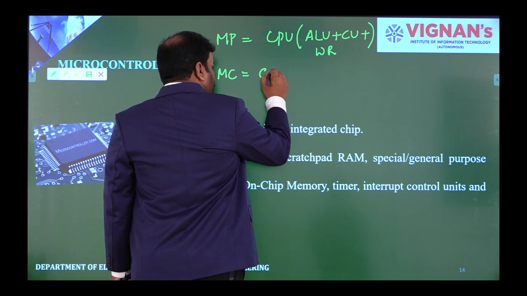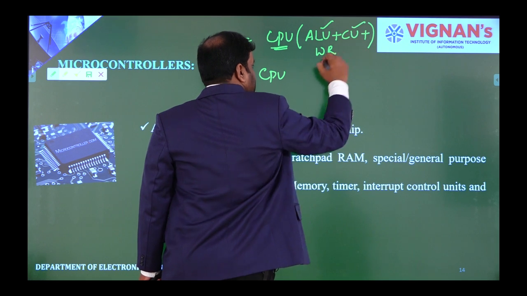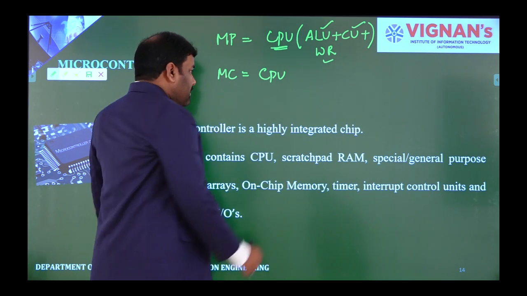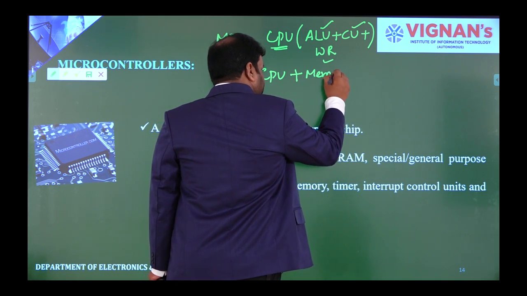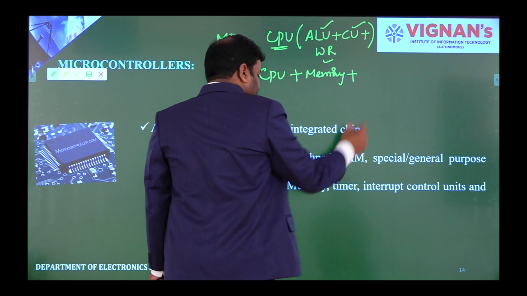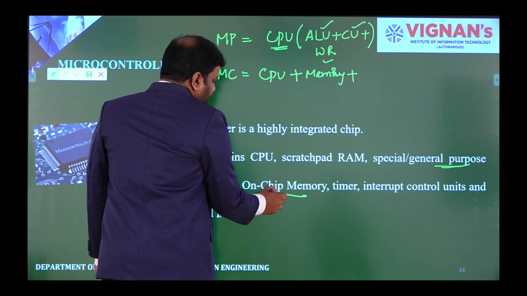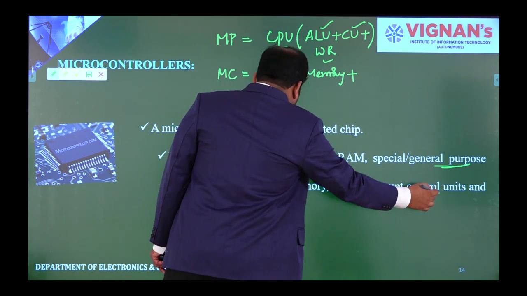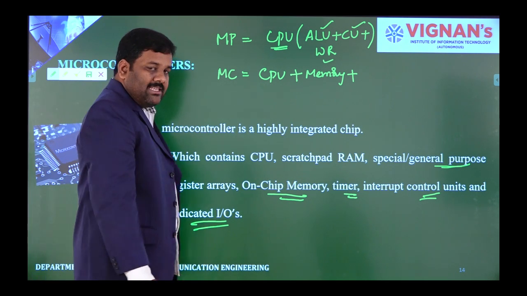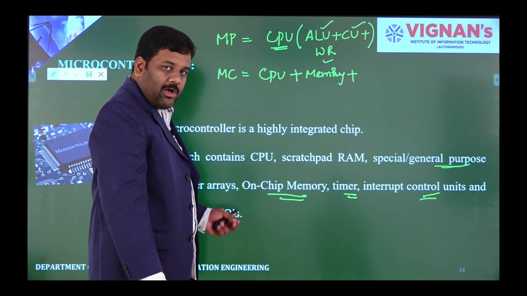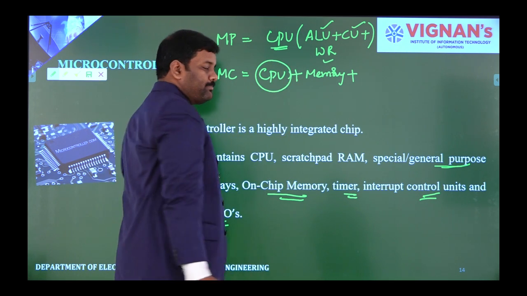Along with the CPU, where we already have the ALU, control registers and working registers, I need memory. Next, general purpose registers. Next, on-chip memory, timing devices, control units and dedicated I/O ports. These are all the components integrated along with the CPU.